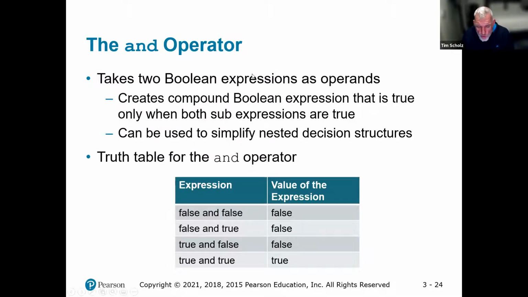We're going to look at the and operator first. The and operator creates a compound Boolean expression, and the biggest thing you have to understand is the truth table. When I have two things that are false and I put them together with an and, false and false is always false.